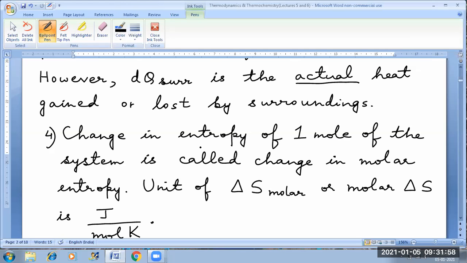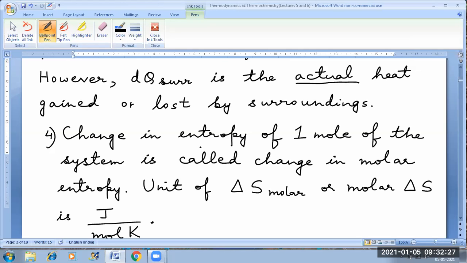Similarly, if I'm saying delta S molar, that is change in molar entropy, it will also have the unit of joule per mole Kelvin. So what is change in molar entropy? Change in entropy of 1 mole of the system is called change in molar entropy.